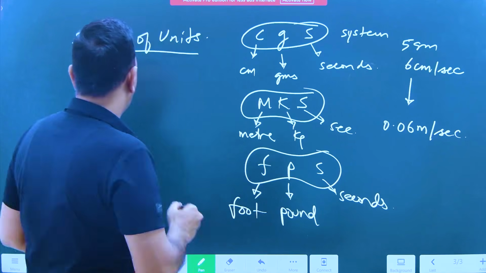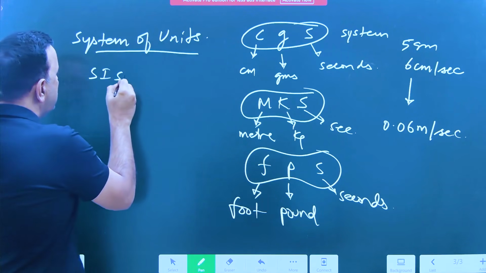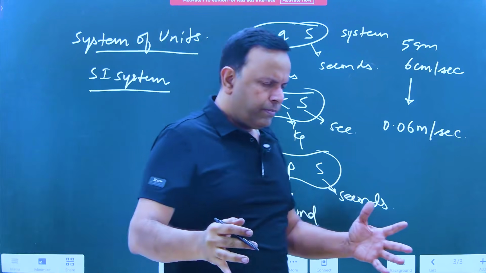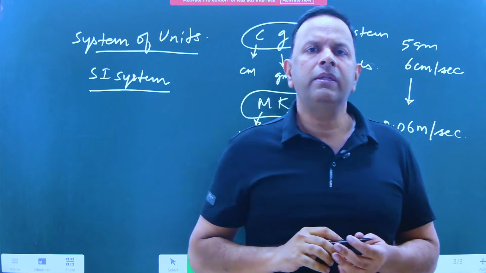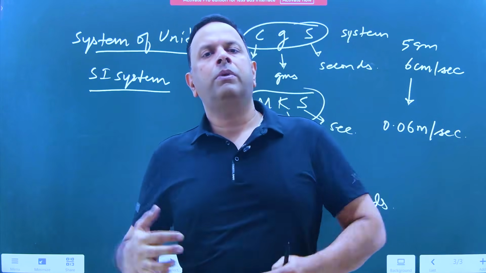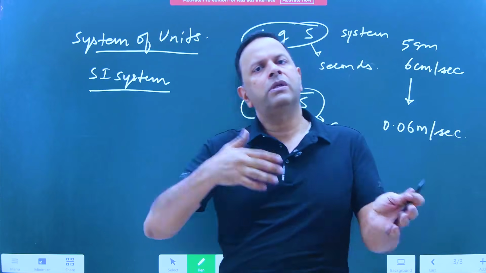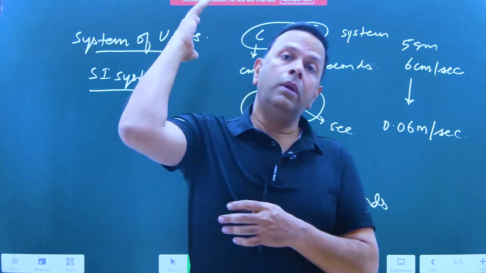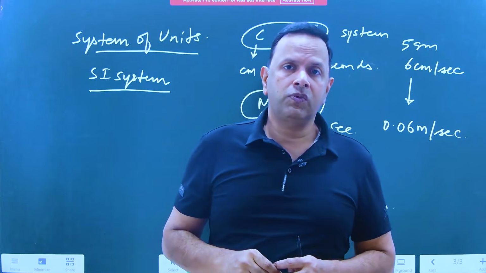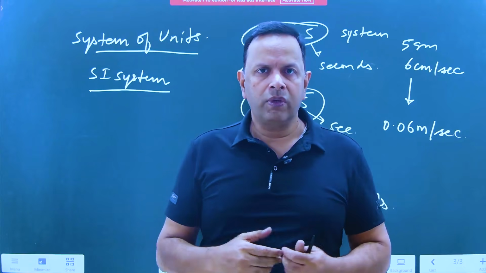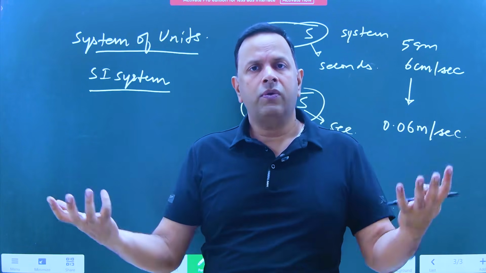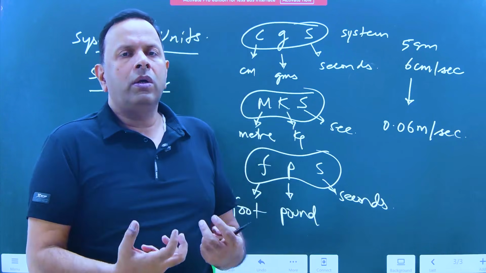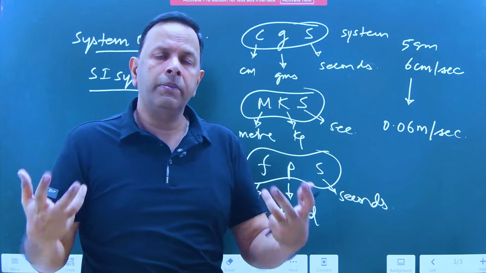Now, currently, presently, we are using the SI system of units. Since the late 19th century, this SI system came into effect. There was an international body of weights and measures somewhere in France. Back then, as early as 150 years ago, people from different parts of the world met, they had a lot of discussions, and in the end they came up with an agreement on a few core, important things.